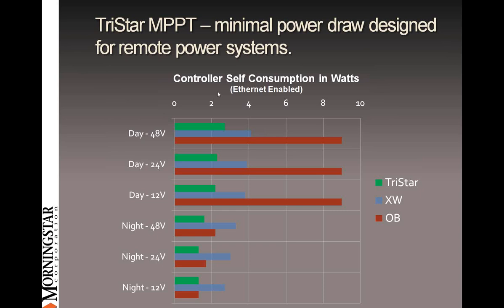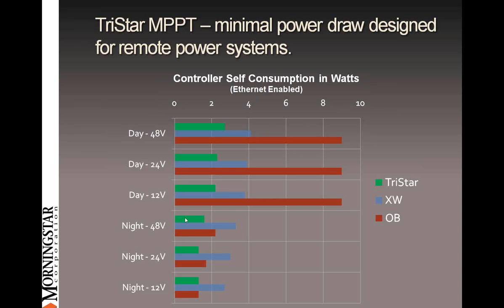That's not too good. Here I've illustrated with a graph the comparison between the TriStar MPPT and two competing charge controllers. In this case, this is the self-consumption in watts. As I said, the maximum power we'll draw at any time, even with Ethernet turned on, which other products don't even have, is 2.7 watts.